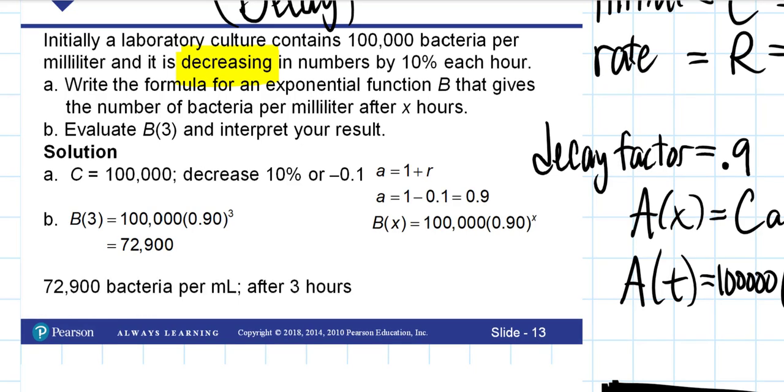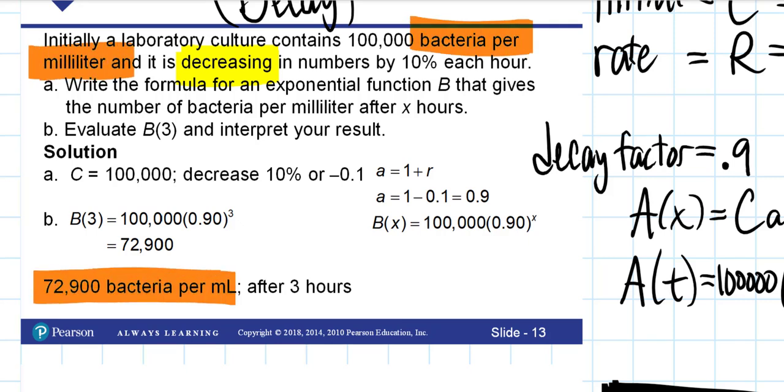So 72,900, that's bacteria per milliliter, just like they told us up here. And that's after 3 hours because you plugged in T equals 3. Okay. That's as simple as you need to go for interpreting this stuff.